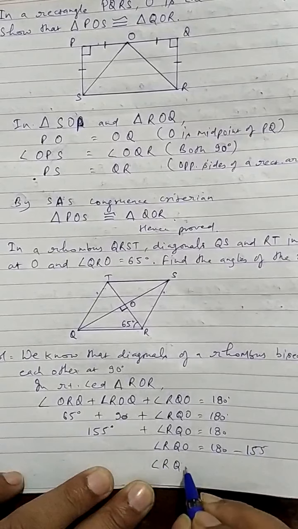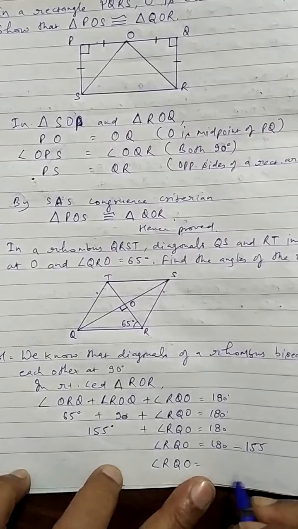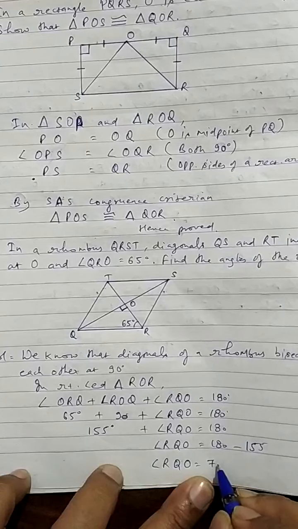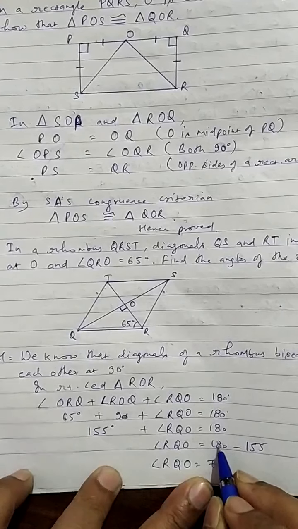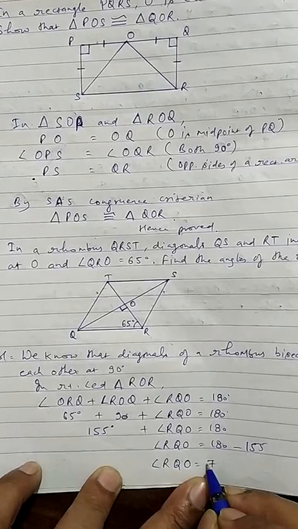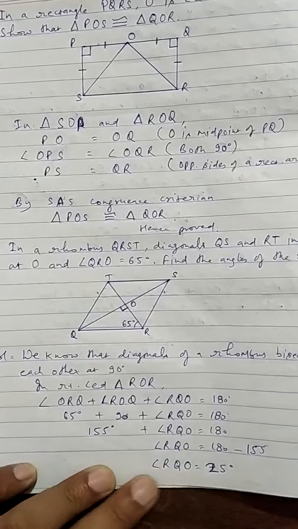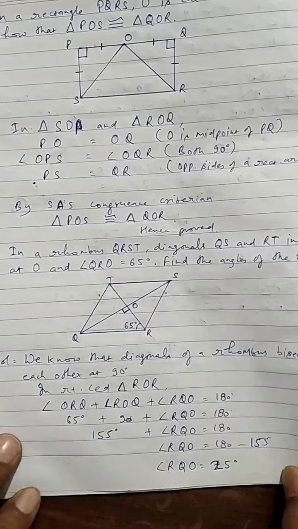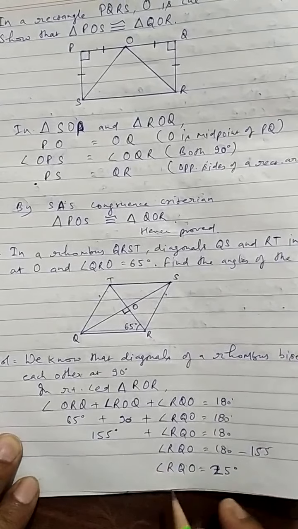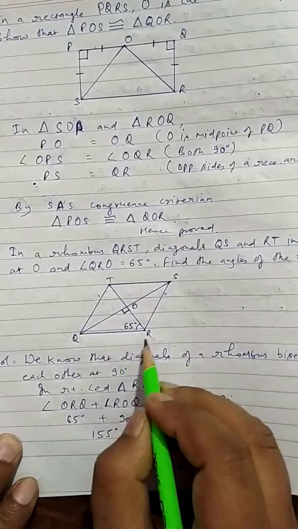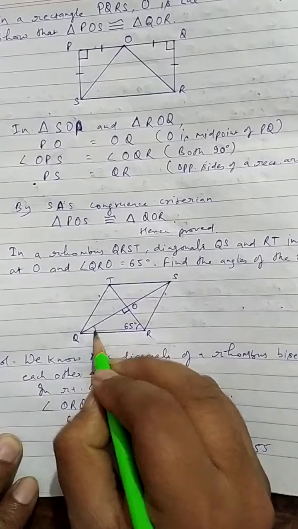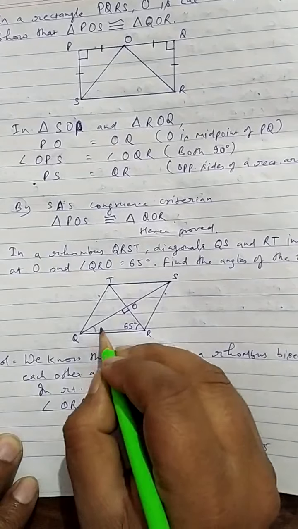Angle RQO equals 25 degrees. As we have got that RQO, that is this angle, is 25 degrees.